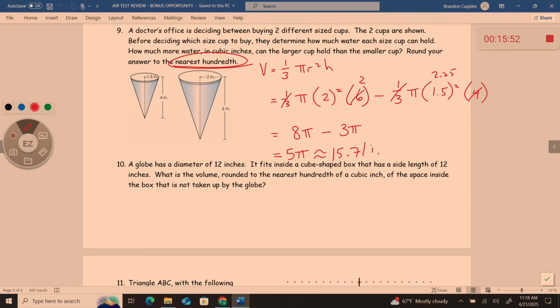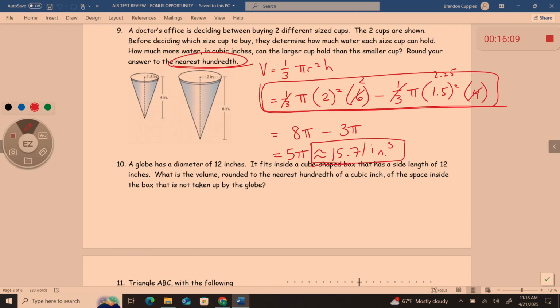Okay, 15.71 is our answer there. Now again, folks, I probably made that more difficult than what I had to. When you get to this point, just plug this all into either Desmos or your calculator. Either way, the outcome will be this right here. So just be aware of that.